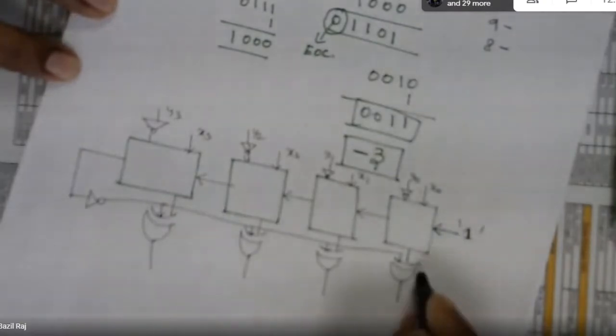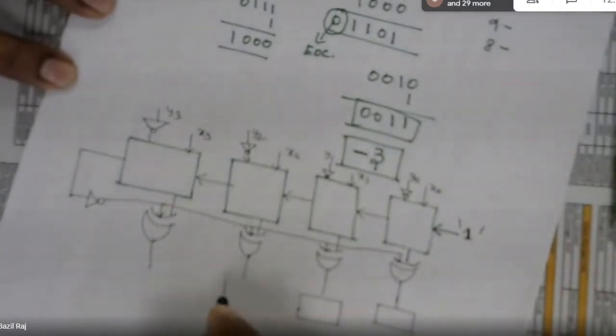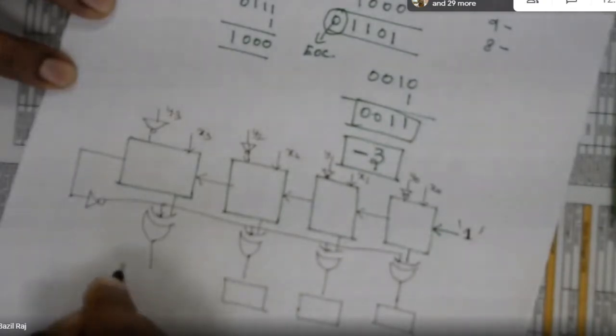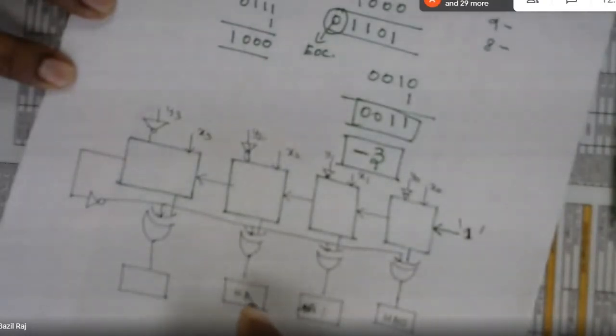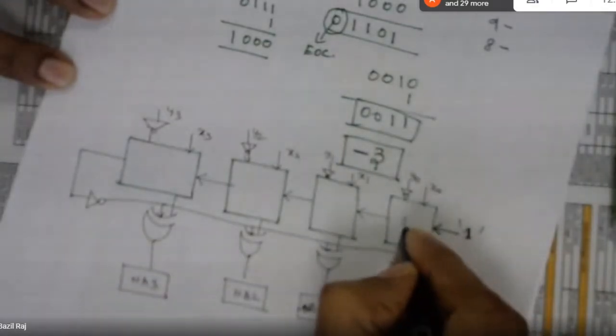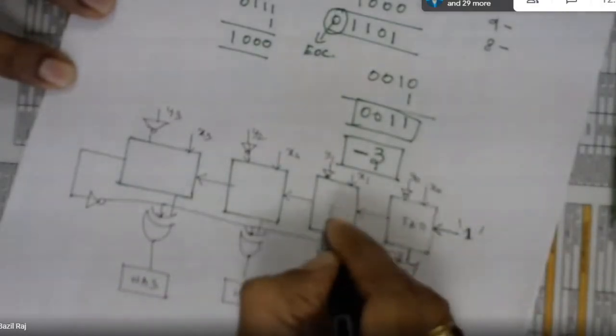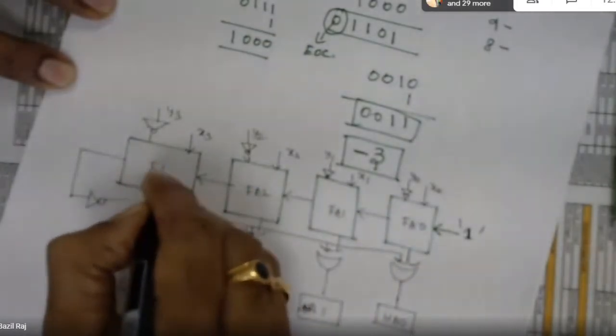Then this result will go to one half adder, another half adder: half adder 0, half adder 1, half adder 2, half adder 3, and full adder 0, full adder 1, full adder 2, full adder 3.